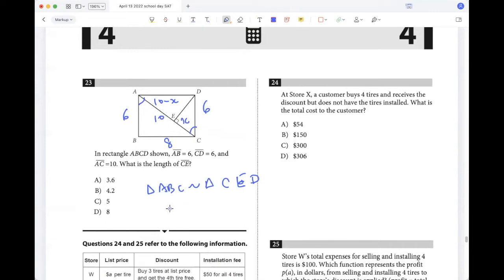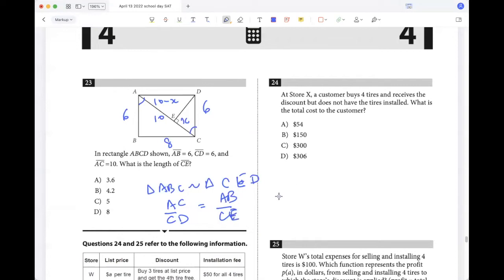Yeah. So can I say AC by CD, yeah, is equal to, what do I need in the other one? I need CE, which is X. So here it would be AB, right? So I can say this by similarity.